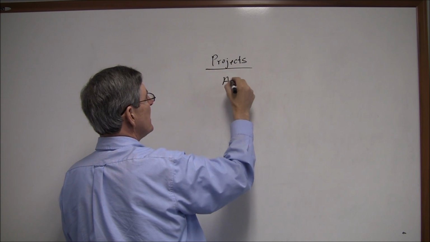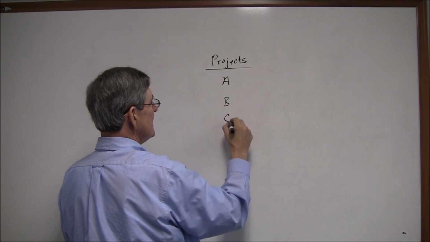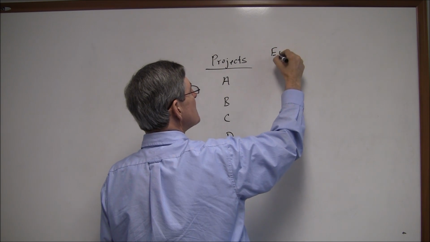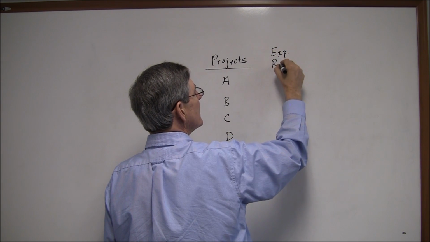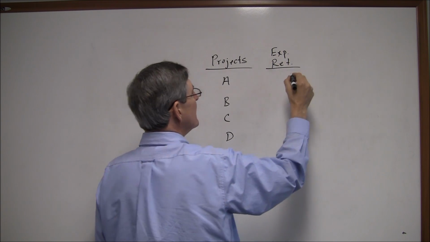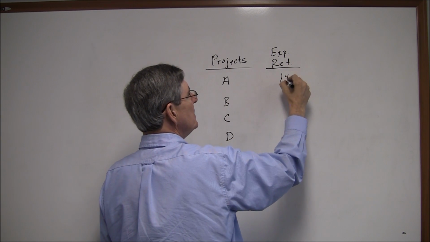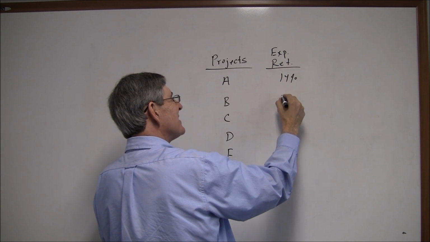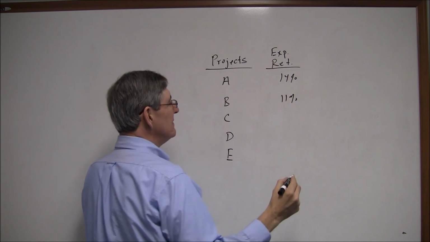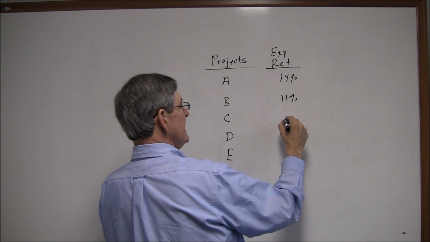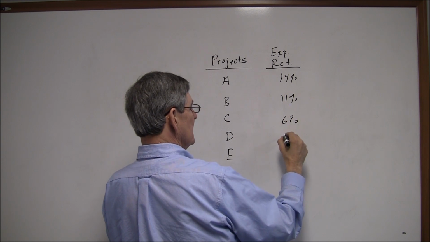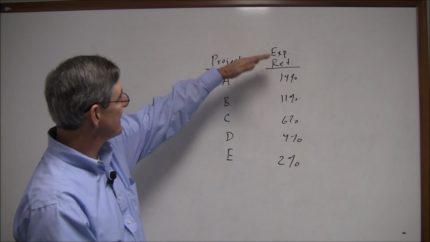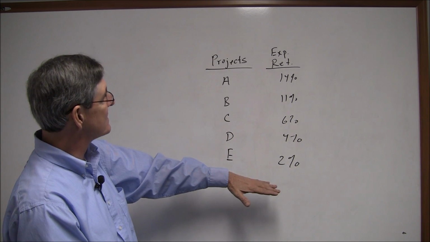And let's just arbitrarily name them A, B, C, D, and E. And each one of these projects will have an expected rate of return on the investment. So let's say this first one's a really good project, you think, so you expect 14%. This one's not as great, but still pretty good, 11%. Get to C, we're falling down to 6%, 4%, 2% for E. And so we've got these ordered in terms of their expected rates of return.